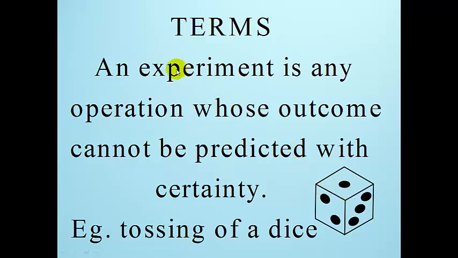So when we toss a die, unless it drops on the surface, you never can tell what is going to show up. And so tossing a dice is an experiment.